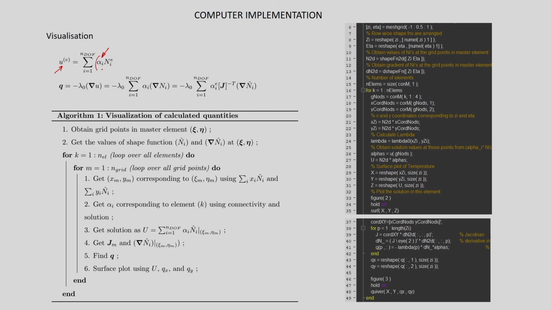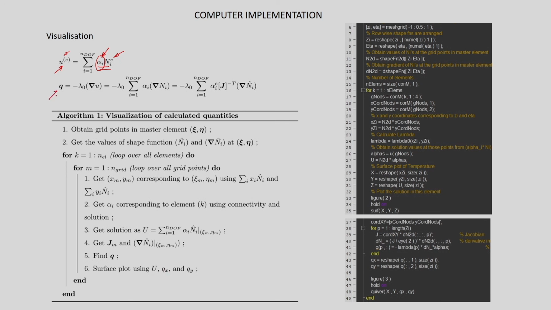From the solution vector we can pick up those values of alpha, and multiply by the Ni's, where Ni is basically the same as Ni hat, at the point under consideration. So we just take alpha I Ni, and that will give us the displacement u, sorry, that will give us the temperature in this case.